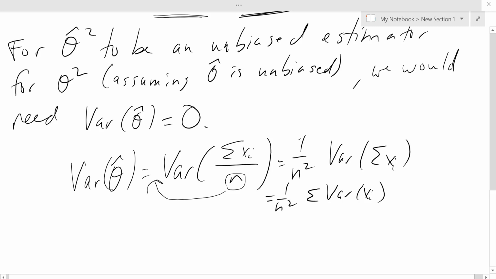And each of the variances of the x of i is equal to, since it's an exponential distribution in this case, going back to the original example, theta squared, good. So this will be n theta squared. So that'll be theta squared over n.